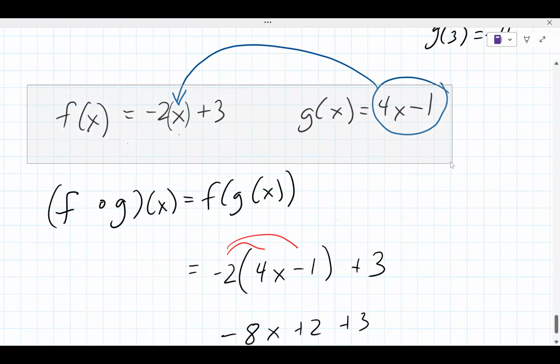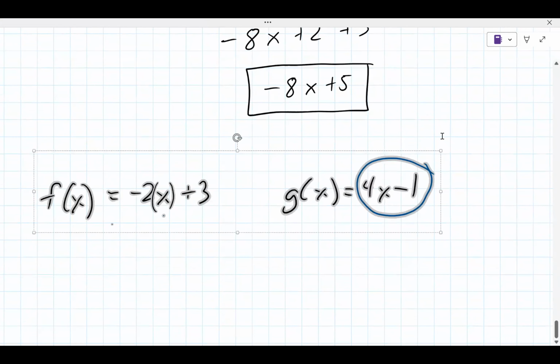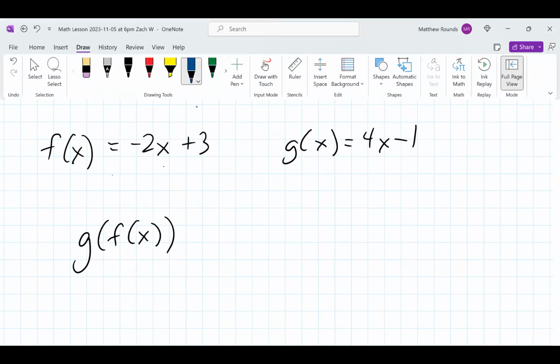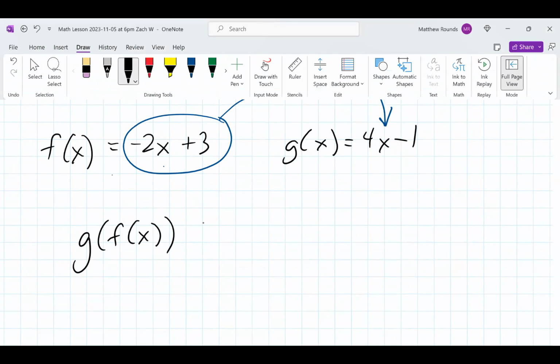Okay, now let's go the other direction. You can go either way here. Now let's do g of f of x. So this time you're taking f of x and you're putting it in for that x over there on the right in g of x.